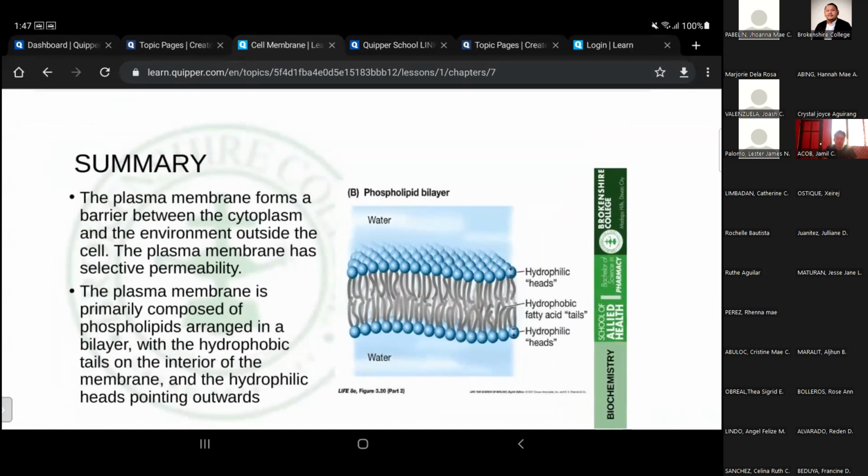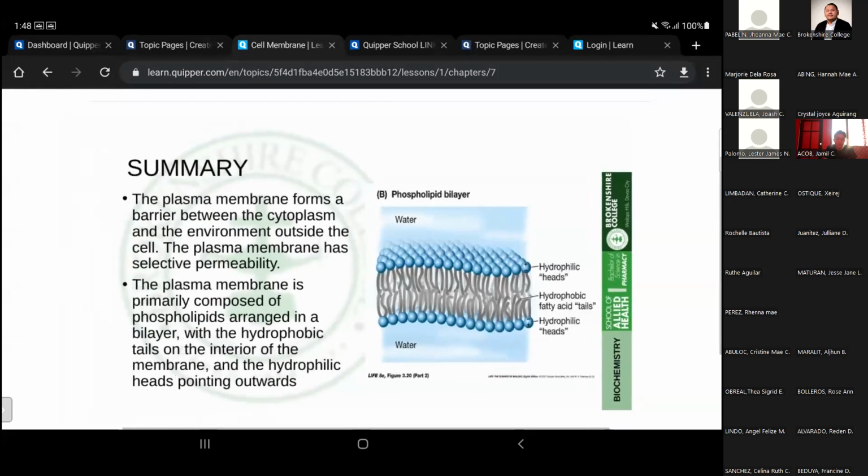The plasma membrane has selective permeability as its function and is composed of phospholipids arranged in a bilayer with the hydrophobic tails interiorly or inside and hydrophilic heads outside, either toward the outside cell environment or pointing towards the cytoplasm. So that is for your phospholipid bilayers.